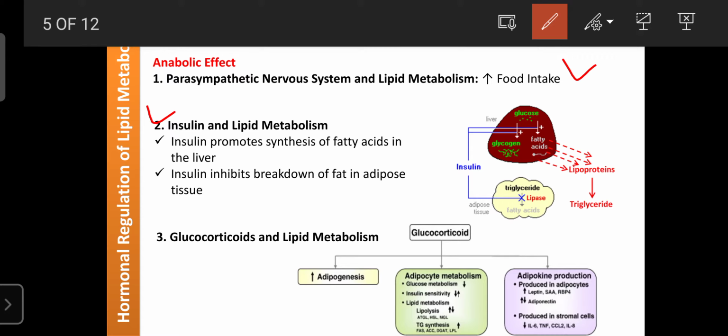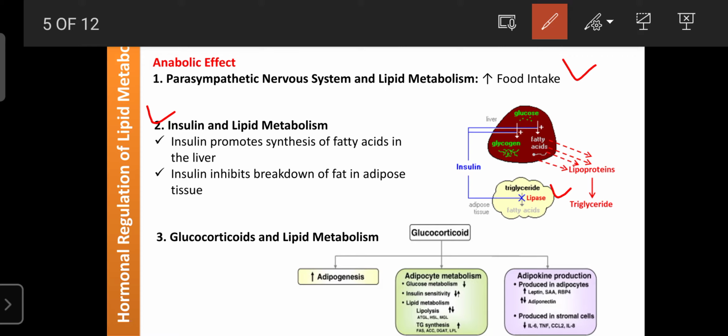On the other side, insulin also inhibits the breakdown of fats in the adipose tissues by targeting the lipase enzyme. This lipase enzyme is required to dissolve the depot of fat, in the form of triglyceride, present in the adipose tissues. Insulin can inhibit the lipase enzyme, so the triglyceride is not metabolized.